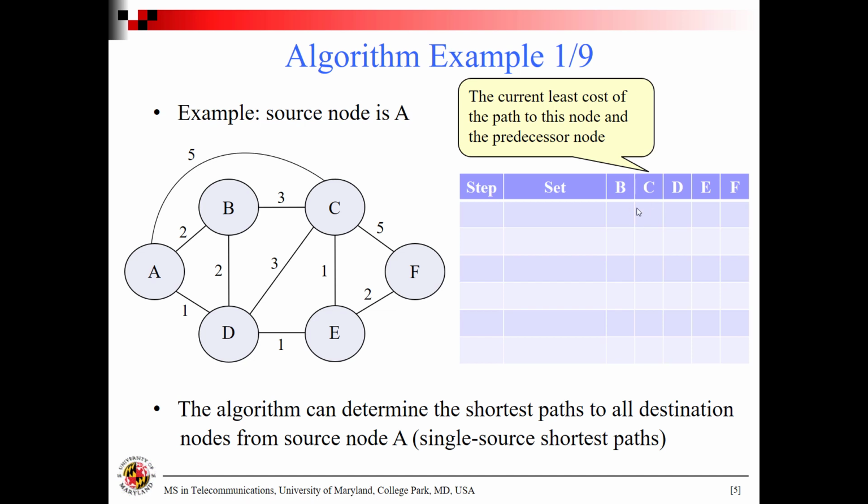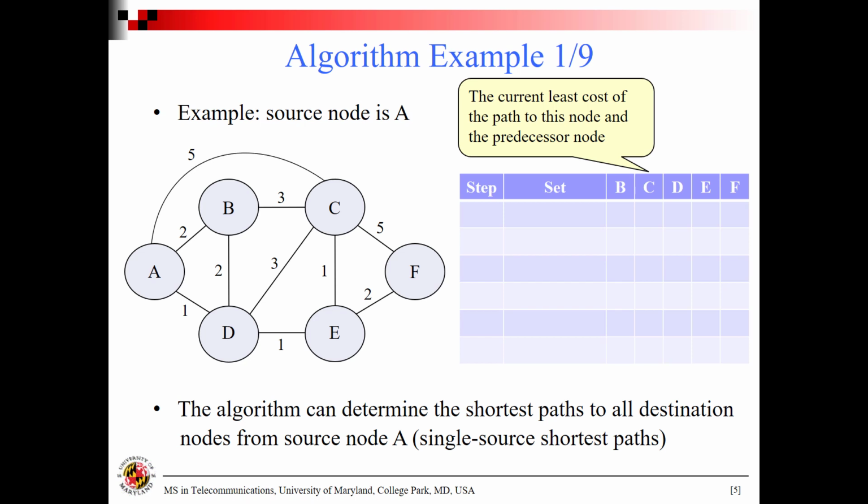Okay, so here we're going to have in each column these two values. The first one will be the current least cost of the currently known best path to the destination. And then we will also keep track of the predecessor node. And the predecessor node is basically the node which comes just before the destination node on that particular path. Okay, so it's basically the next to last node on that path to that destination.